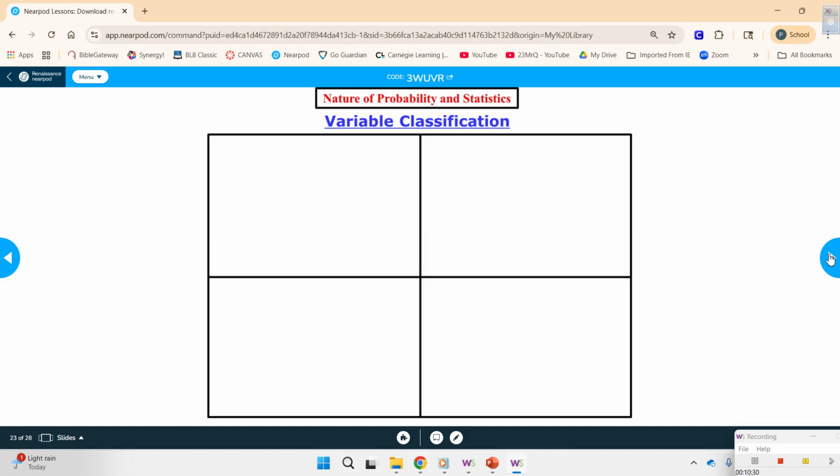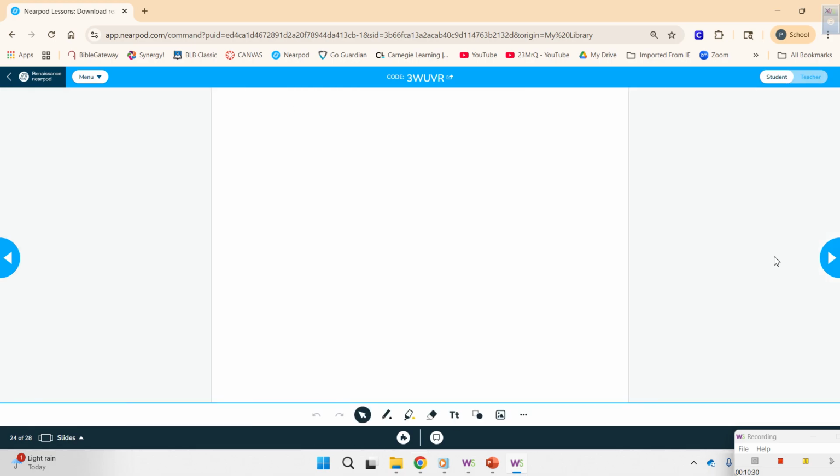Next, look up. What are the 4 different types of variable classifications? Type them in there. Don't look at your notes. 4 different classifications. I'm going to be nice and I'll give you 1. Ratio. How about that? Ratio.